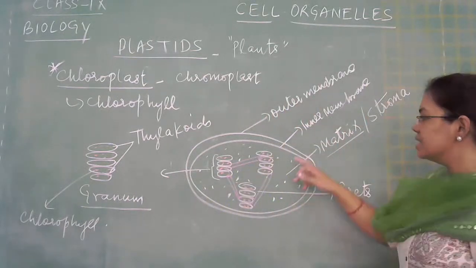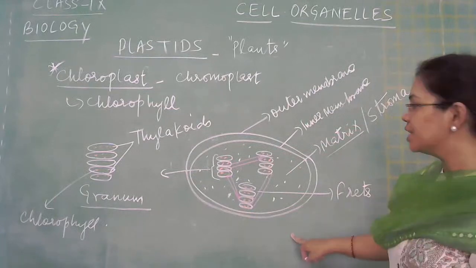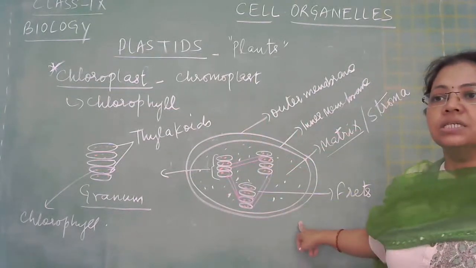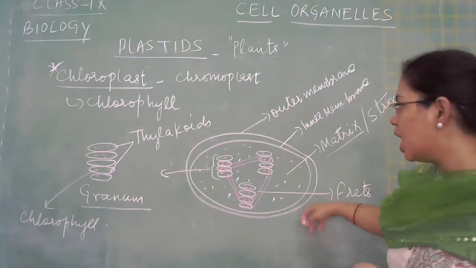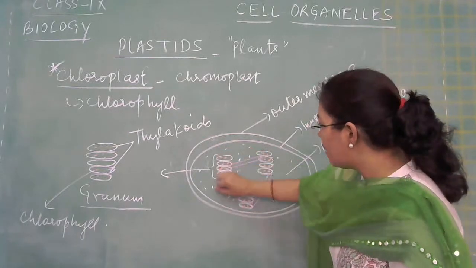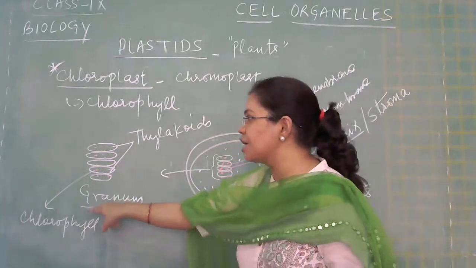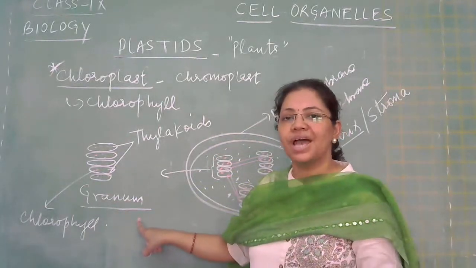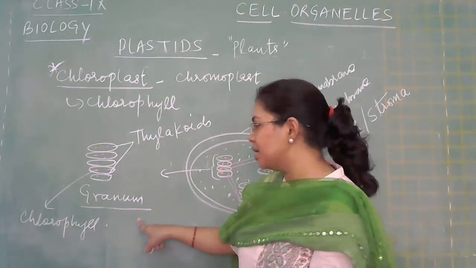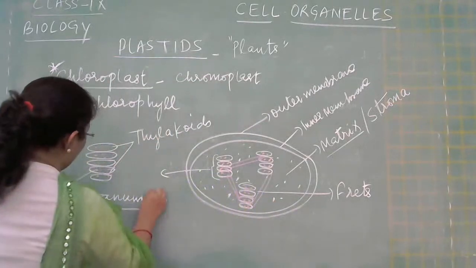Now, inside this stroma of the chloroplast, we see some small discs which are piled up together, right? These piled up structures are known as grana. A singular term is granum, whereas the plural word is grana.